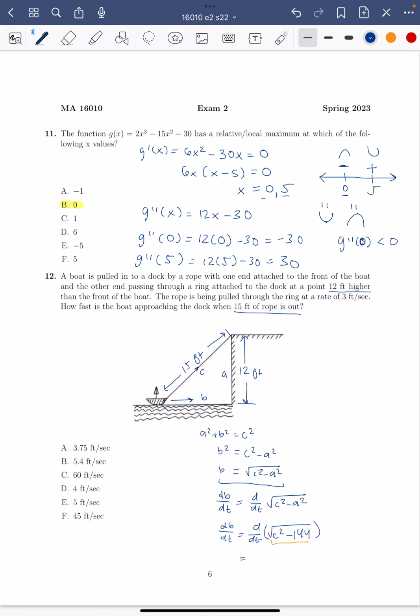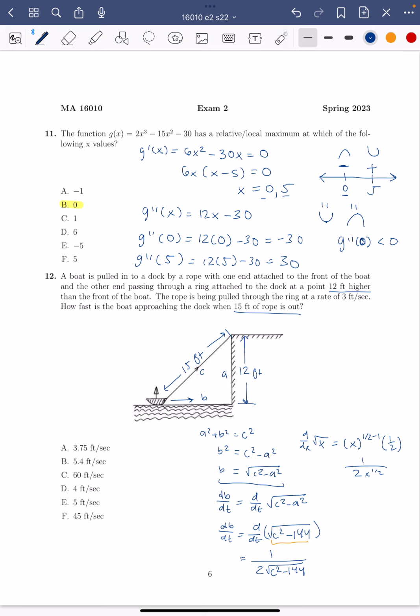The derivative of a square root is x to the 1/2 minus 1 times a half, which gives us 1 over 2x to the 1/2. So we get 1 over 2 times the square root of whatever is inside the square root, that's c squared minus 144.